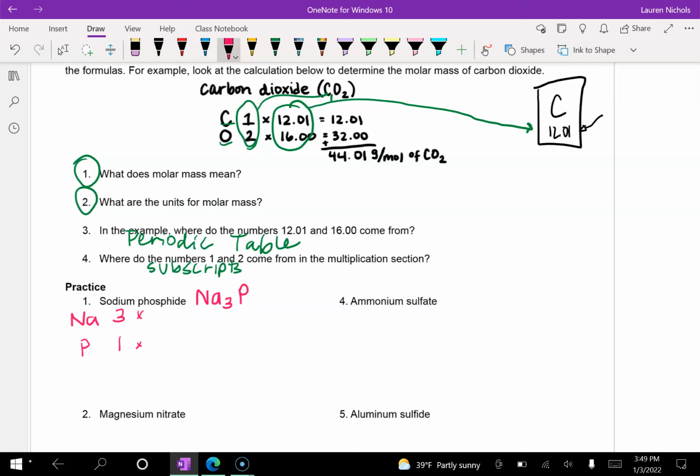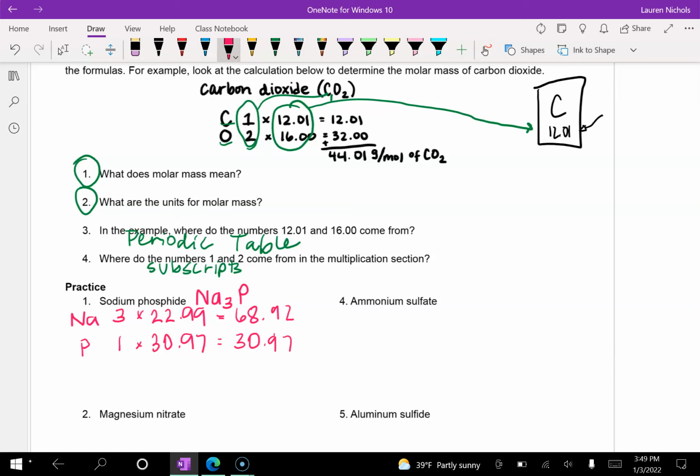Now, sodium has a molar mass of 22.99, and phosphorus has a molar mass of 30.97. So we're going to need to multiply these values in order to get our answer. So 3 times 22.99 is going to give us 68.92. And 1 times 30.97 is 30.97.